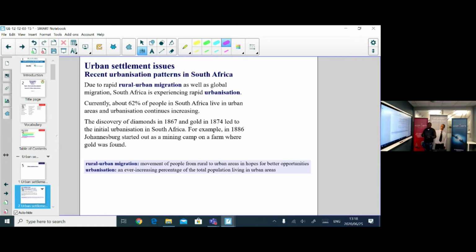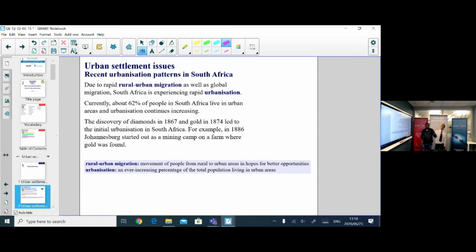So you find that South Africa also is changing from the urban patterns that were done, especially during colonization and apartheid. As we mentioned yesterday, we saw the model for South Africa, where people were living apart from each other according to their races and social class.